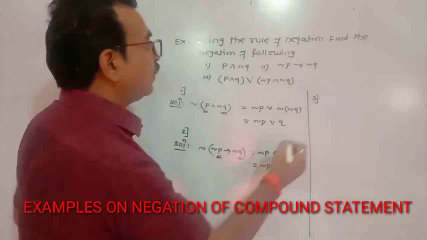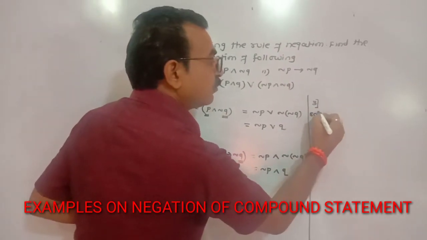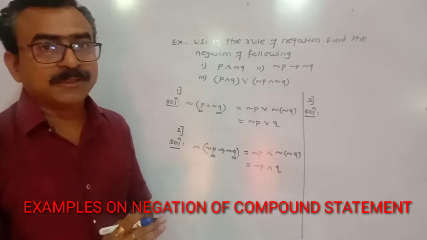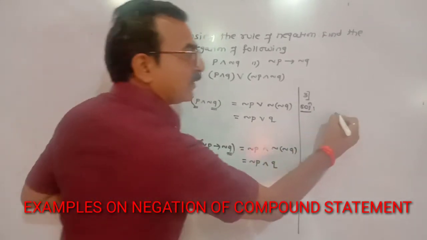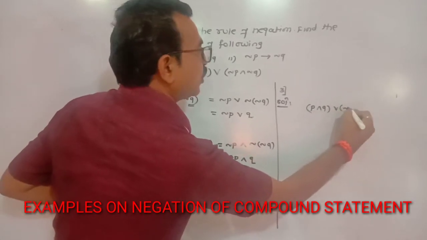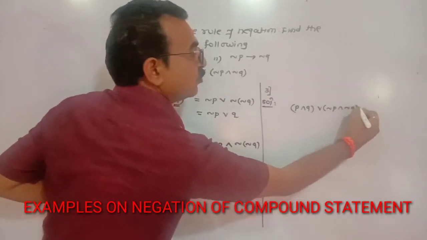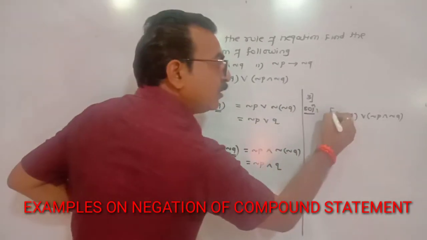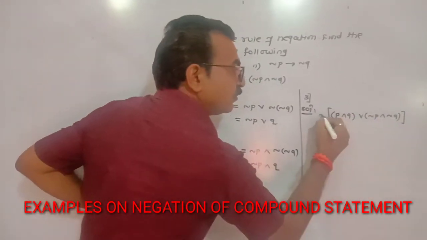In the third example, you have to find out the negation of the given statement pattern. So write down the statement pattern, that is (P and Q) or (negation P and negation Q), and you have to perform its negation. So write down the symbol of negation.